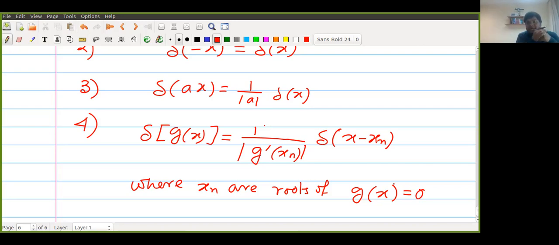So these four things we discussed or learned today, and in the next video I'll explain a few more properties of the Dirac-delta function, and then I will show you in detail in what physical context we use it. I hope you learned something new, and if you have any doubt, feel free to ask me. Our main motive is to explain a few physical concepts in very simple language.